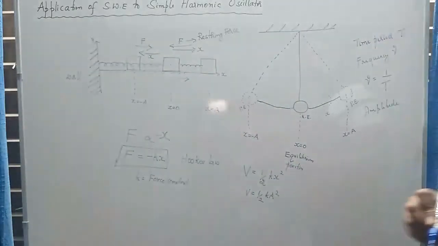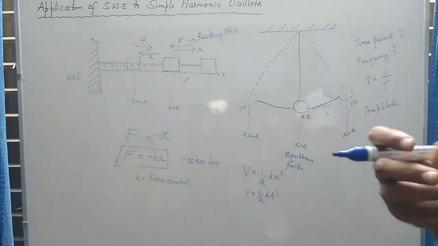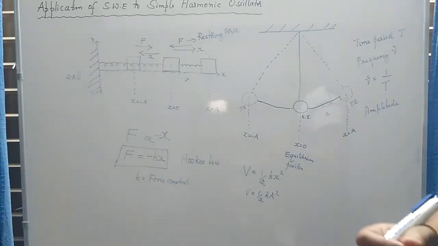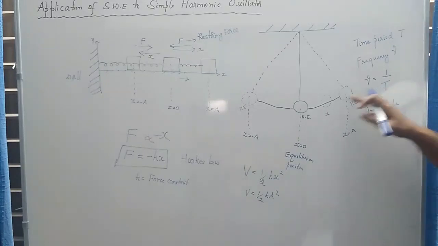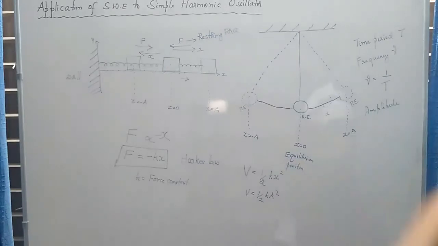So when the particle is in the equilibrium position, all the energy of the system is in the form of kinetic energy. When the particle is at the extreme positions, all the energy is in the form of potential energy.